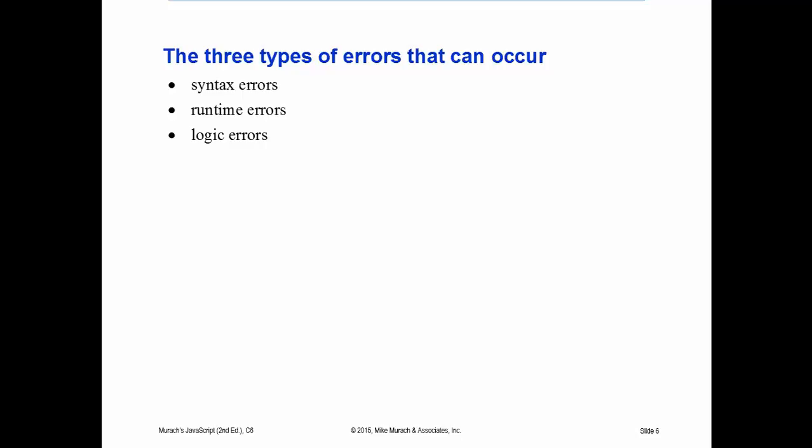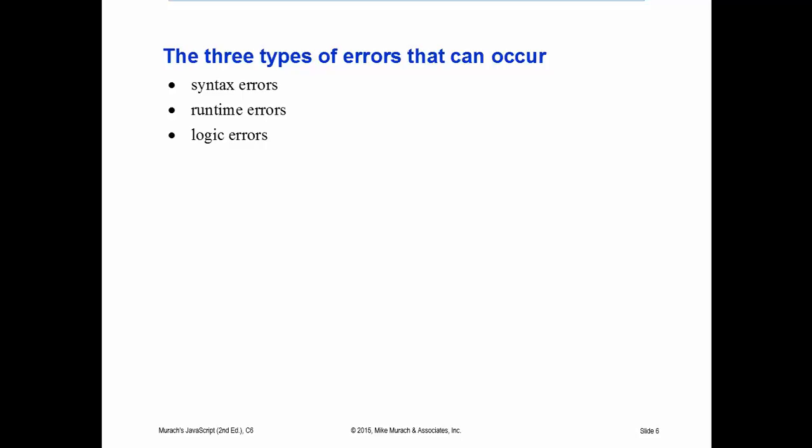Someplace where you need to put in a semicolon, you leave it off. You spell function wrong. You have 12 left curly braces and 13 right curly braces, or vice versa. These errors are caught by the JavaScript engine. And you've seen that in many of the examples I put in here so far, where I just get no output. That's typically due to some kind of syntax error.